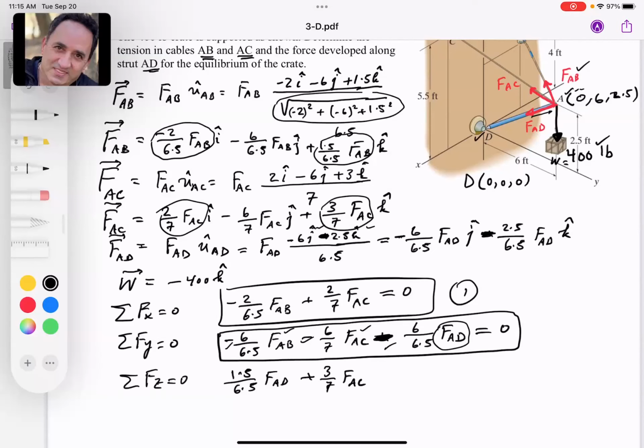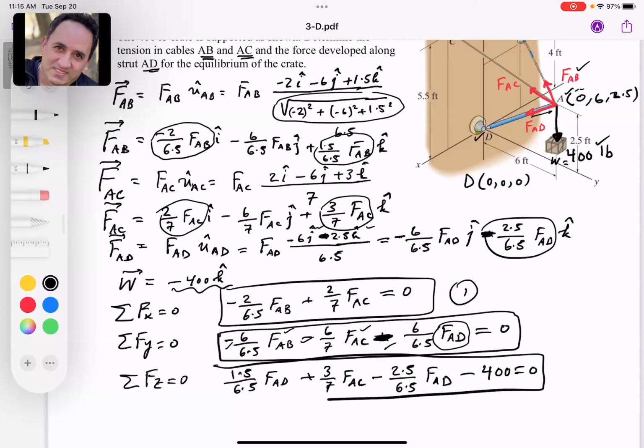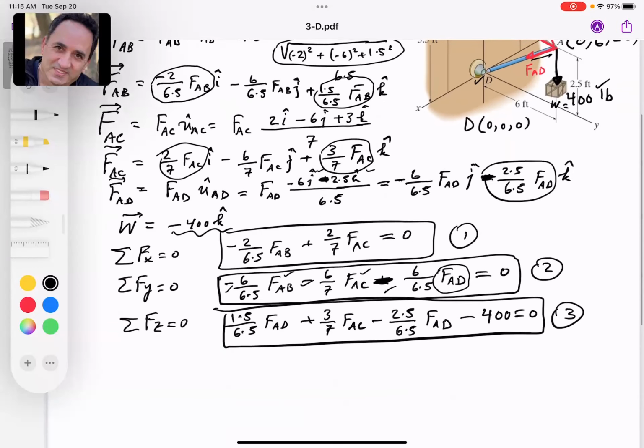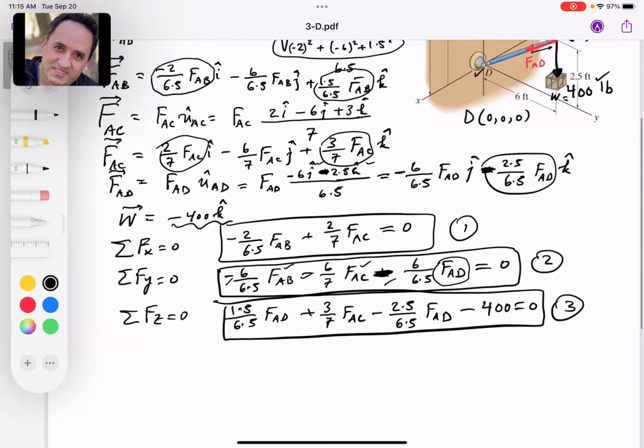And then finally, we have this guy, after I corrected it, of course, minus 2.5 over 6.5 FAD. And don't forget the weight, which has a Z component, minus 400 equals 0. So I guess I should have labeled this as equation number 2 and this one as equation number 3. So now you have to solve the 3 equations as you like.